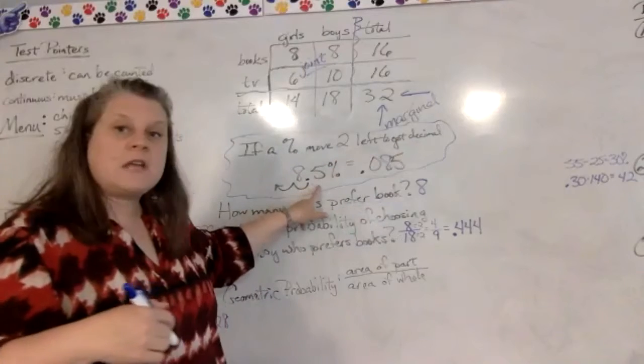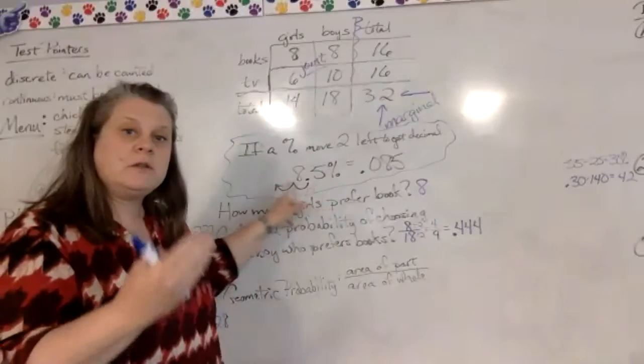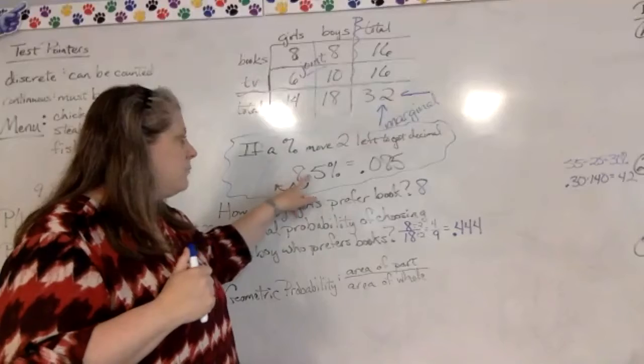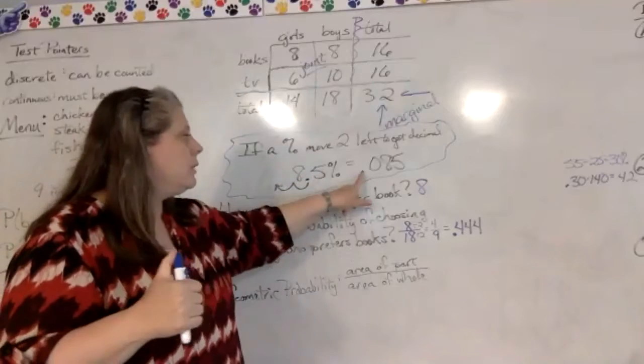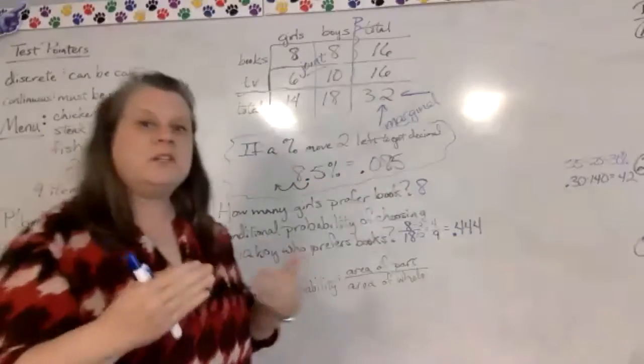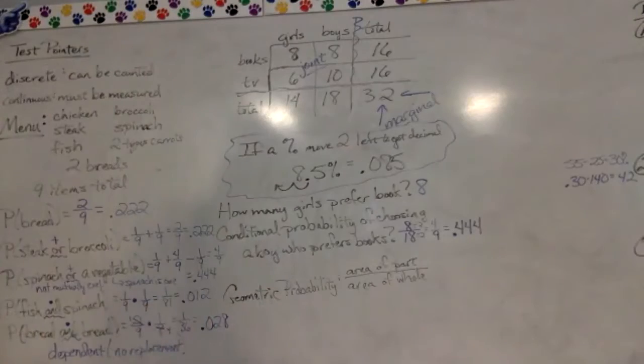So you got to move your decimal point 2 places to the left. So if it was 8.5% in the table, then you put 0.085. You still keep the 3 decimal place rule.